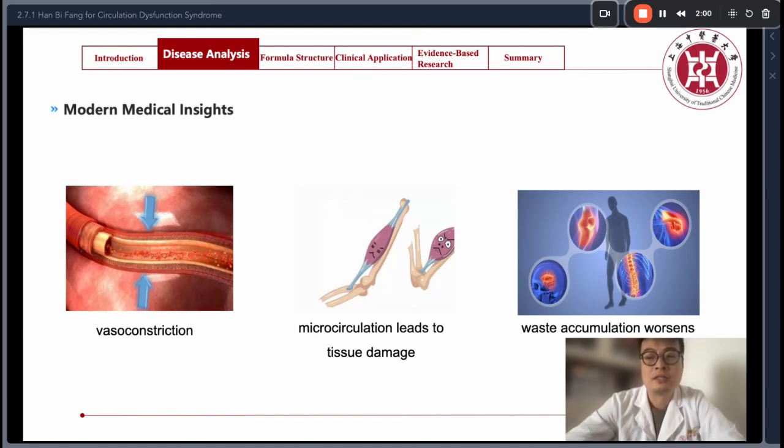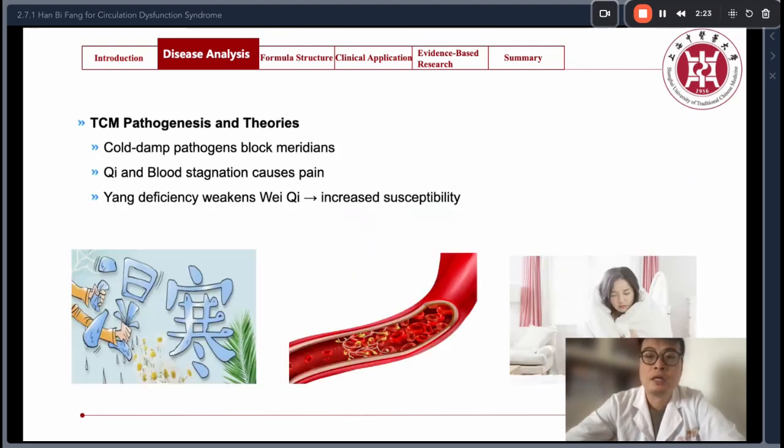Over time, this can result in chronic low-grade inflammation, fibrosis, or thickening of the tissues, and overall reduced flexibility. The end result is pain that lingers and doesn't show up on an MRI, but really limits quality of life. Now let's switch to the TCM view.